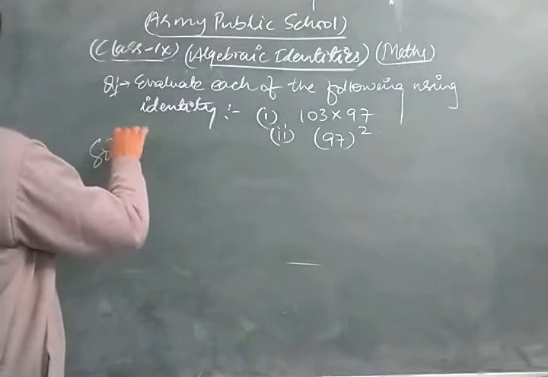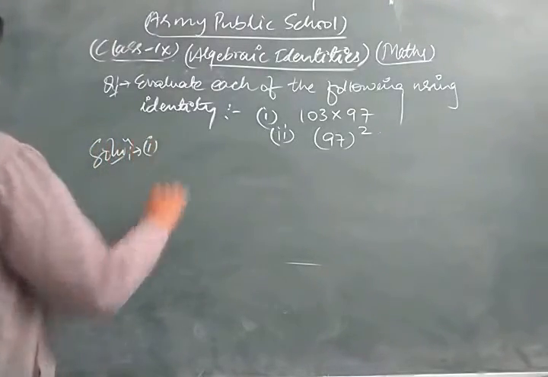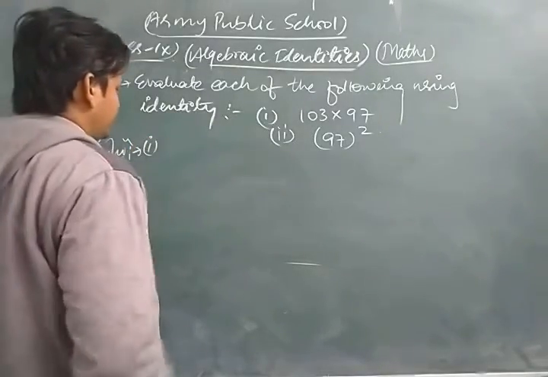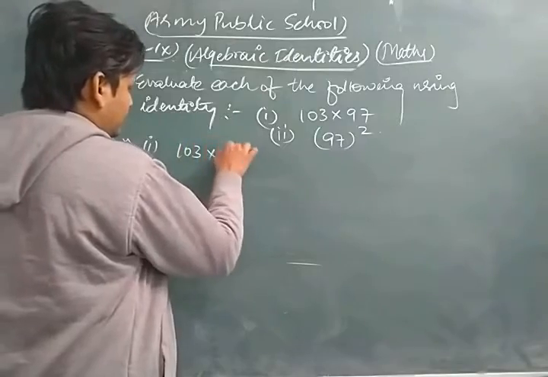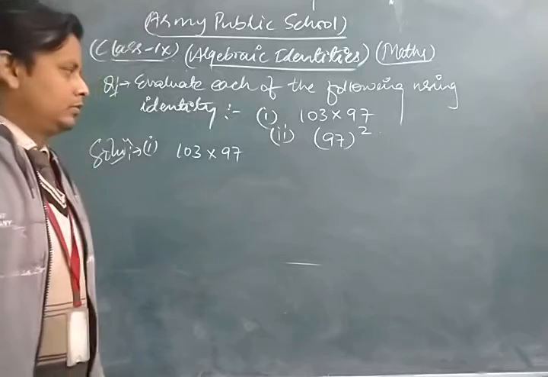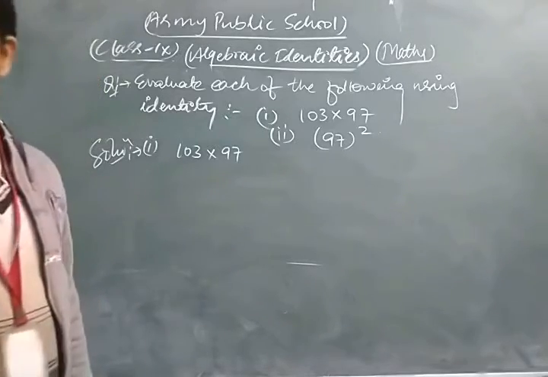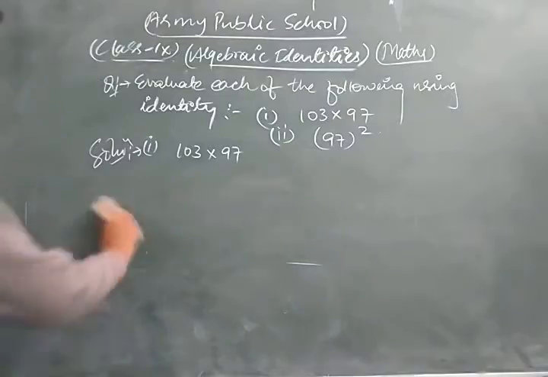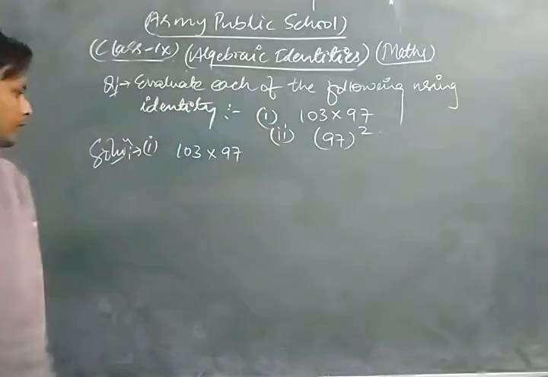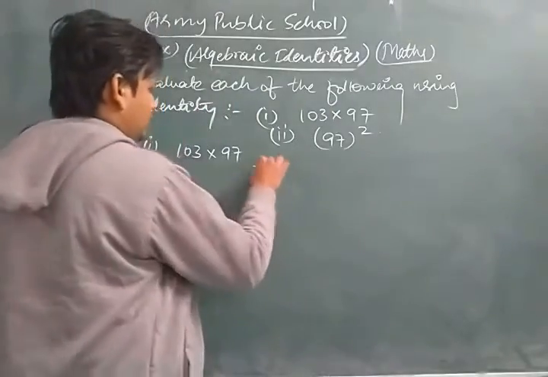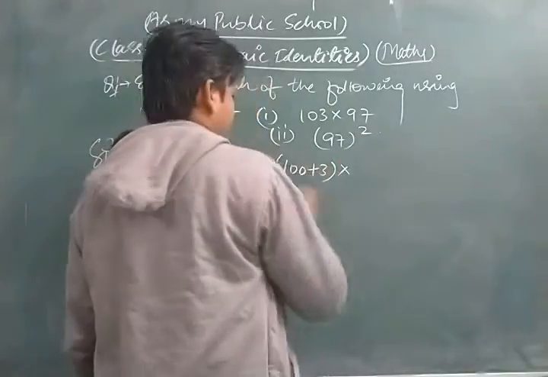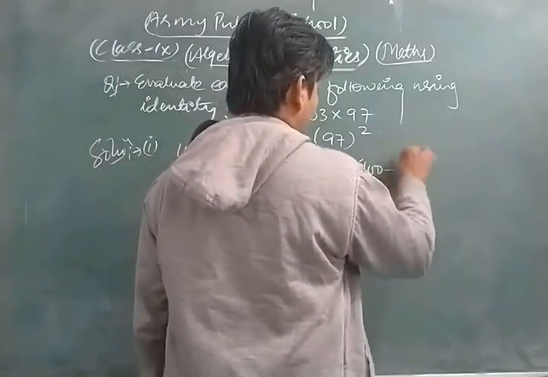First of all, we take and solve the first part of this question, which is 103 into 97. So first of all, we can write 103 as 100 plus 3, and 97 as 100 minus 3.